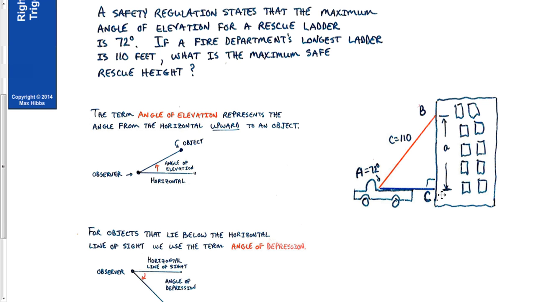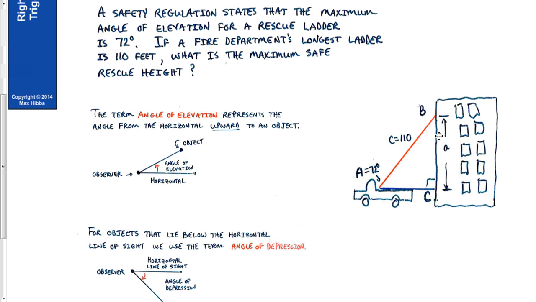Let's think about this distance to the top of the fire truck as being negligible. I mean, we could measure this distance as well to get the total safe rescue height. But what we're really looking for is the length between this horizontal where the ladder lays down flat to when we have the ladder extended 72 degrees, its maximum amount.